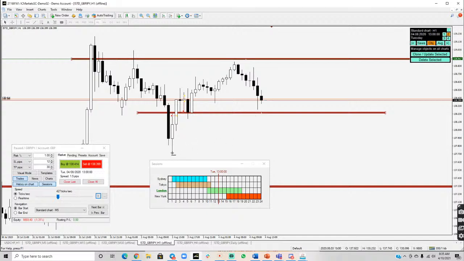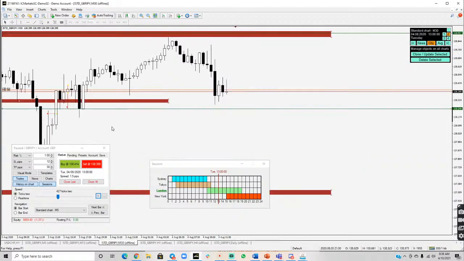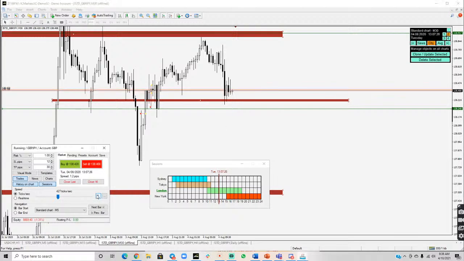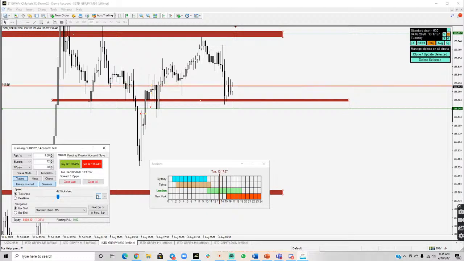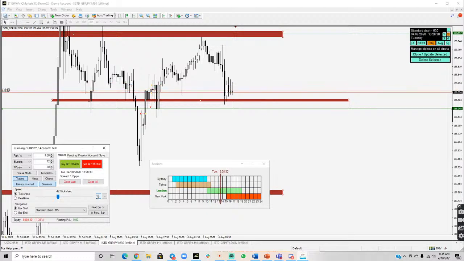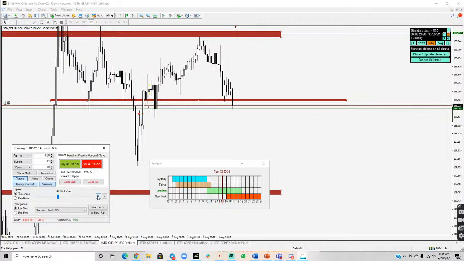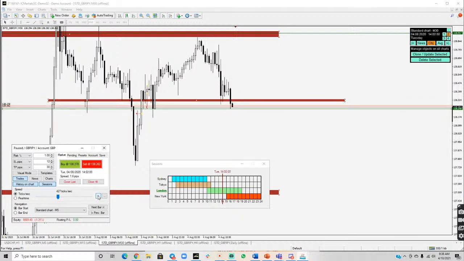But again, I'm still waiting for price to close below here. Still need a candle to actually close below this level. So as you can see, we got a candle to close below the level.